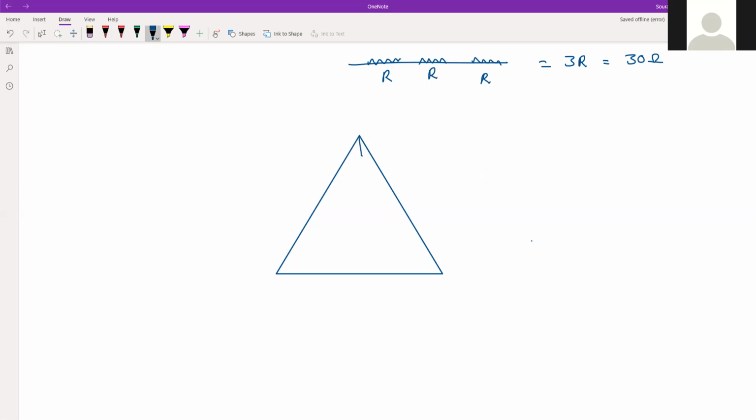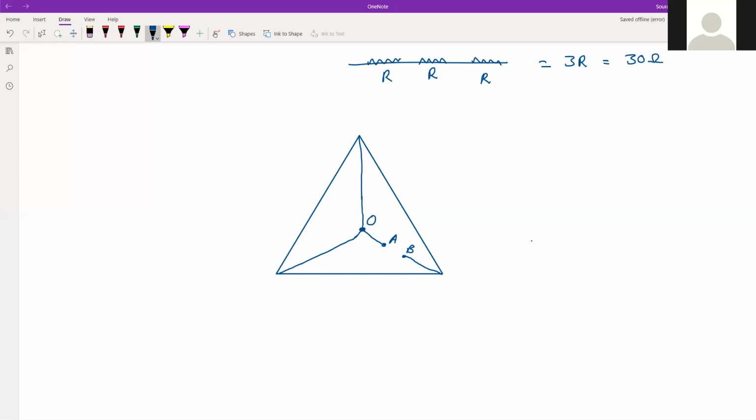Inside that, a line like this, another line like this, and these two meet, right? And suppose this meeting point is O, and then you have these 2 points A and B. You have to find resistance between A and B.